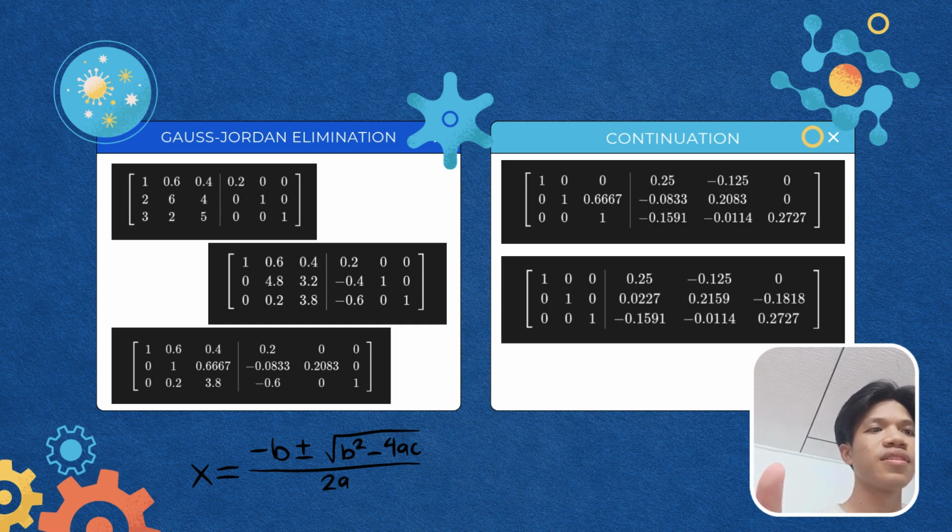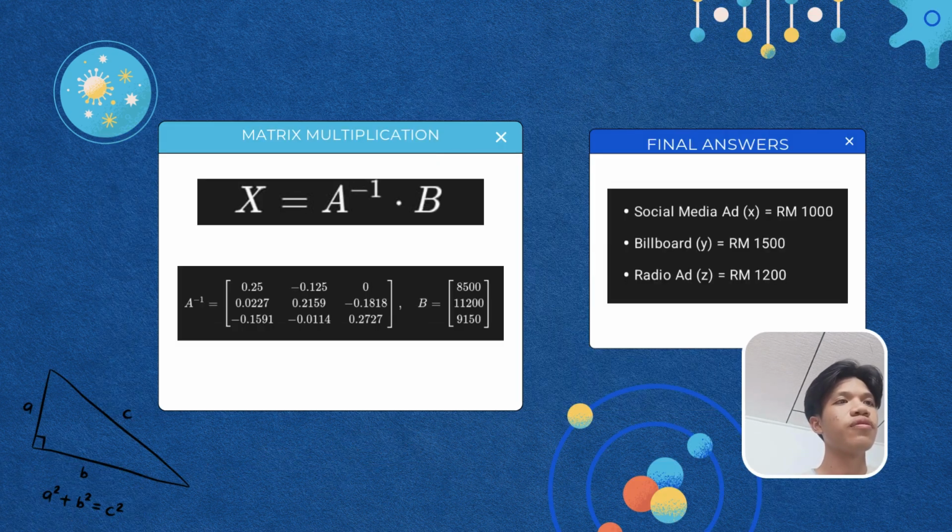This is our inverse. To get the values for x, y, and z, we must use the formula inverse A times B. Then, by using the calculations, we will get x equal to RM 1,000, y equal to 1,500 ringgit, z equal to 1,200 ringgit.